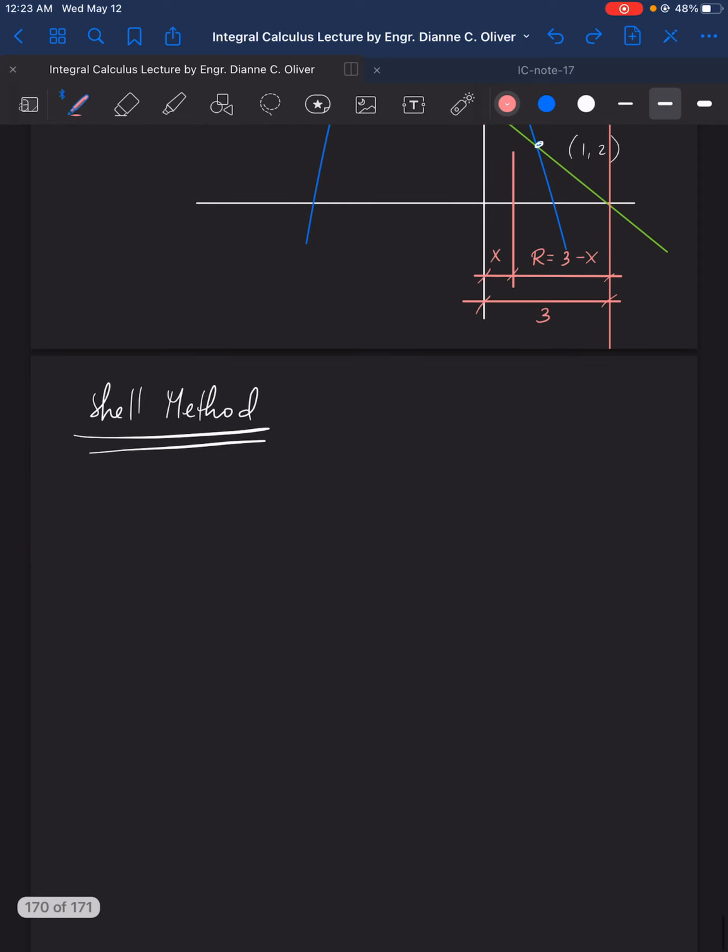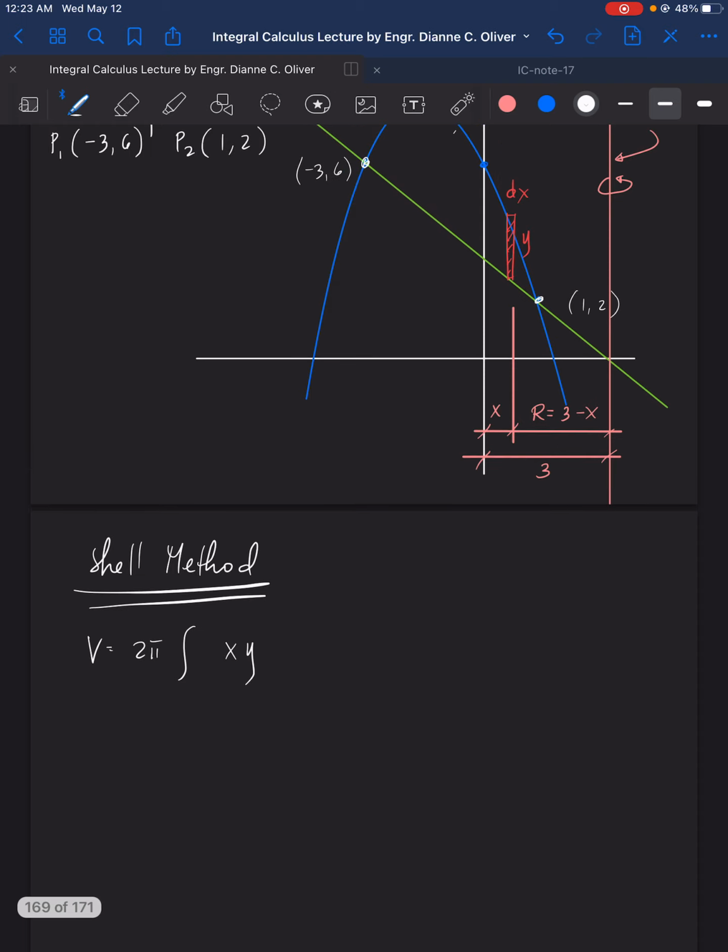Now if we are considering the shell method, the volume here is 2 pi integral of xy dx. And if this is dx, the limits are x1 to x2. This x here is the radius.